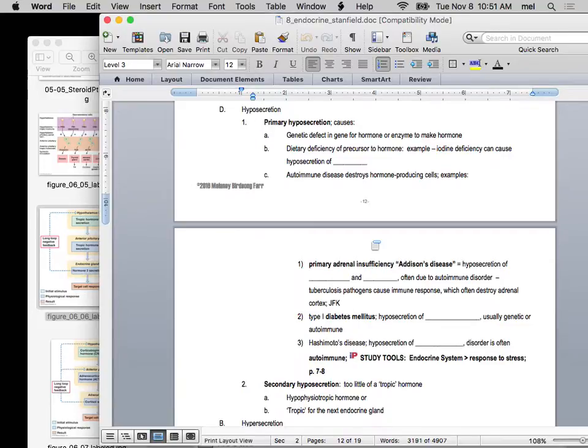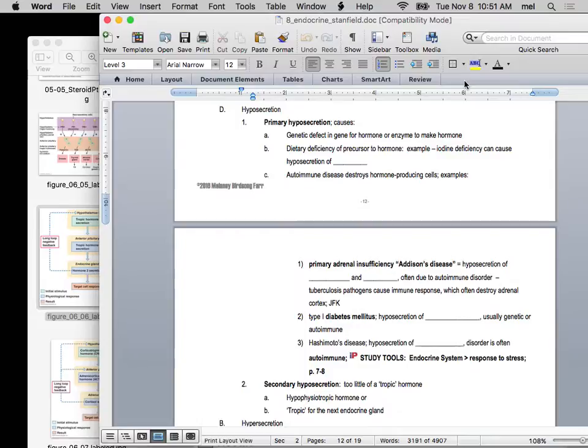Everybody good with that? Okay, so dietary deficiency of the precursor to the hormone, iodine deficiency, can cause a hyposecretion of what? T3 and T4. And then quite often autoimmune diseases. Your immune system just being a jerk and deciding to destroy something it wasn't supposed to destroy, okay? So autoimmune disorders quite often cause primary hyposecretion issues.